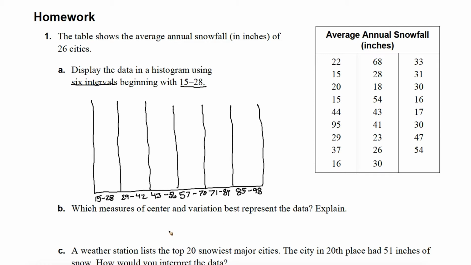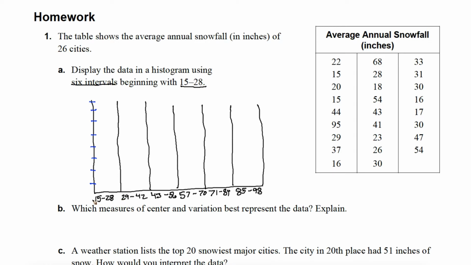So now we have our columns, our intervals. We're going to create just little tick marks over here. And I'm not sure what those numbers are going to be yet. Let's first find out how many of each of these we're going to have.